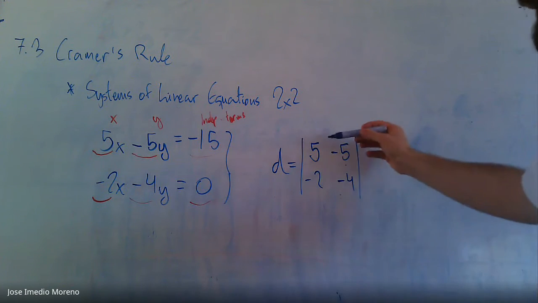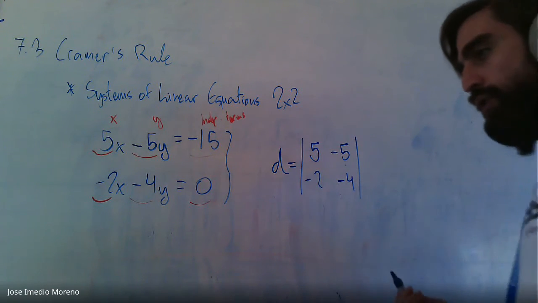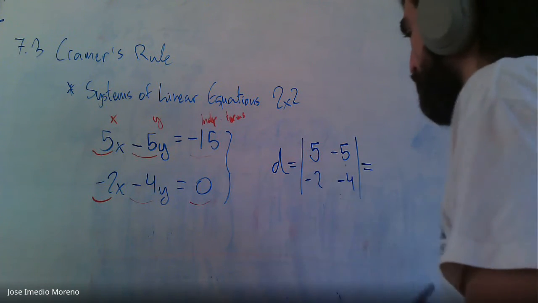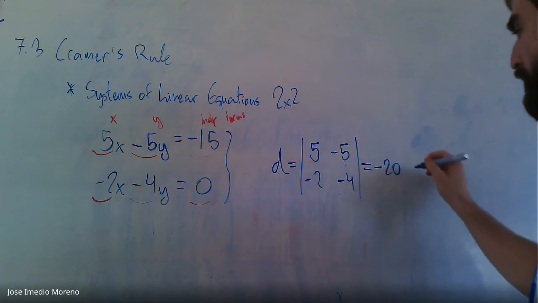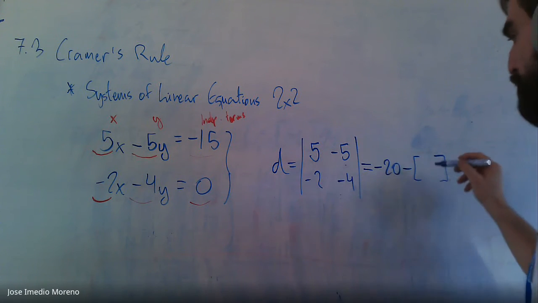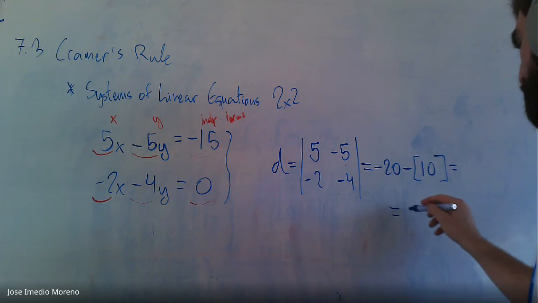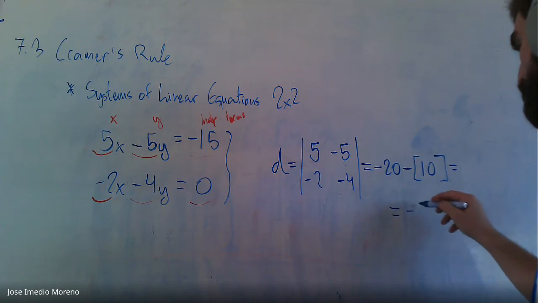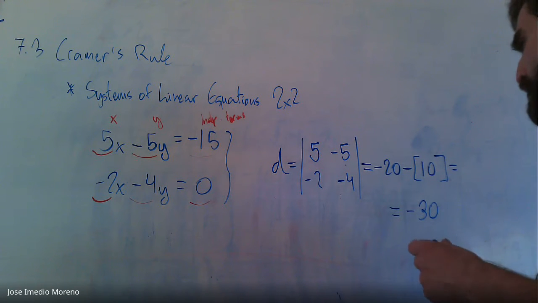So 5, minus 2, minus 5, minus 4. And I'm going to solve this determinant. So this is 5 times minus 4, which is minus 20, minus 5 times minus 2, which is 10. So this is minus 30.